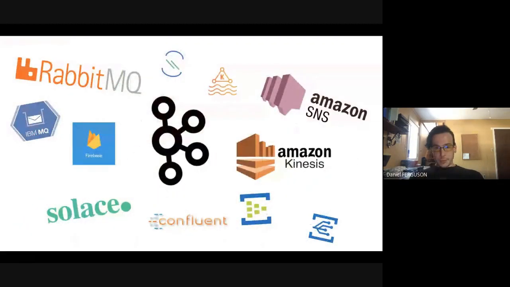So there's a bunch of different event buses out there. There's no one right message bus. There's definitely a wrong message bus, and that's based on how you use it, how you want to put events into your architecture. For example, if you don't care about having a historical log of events, you wouldn't choose Kafka.